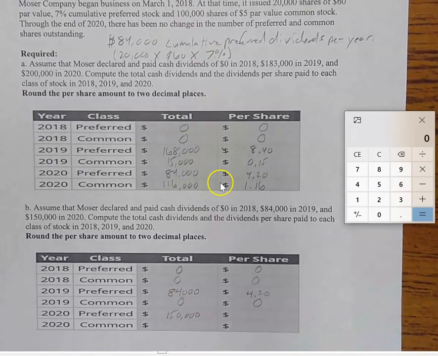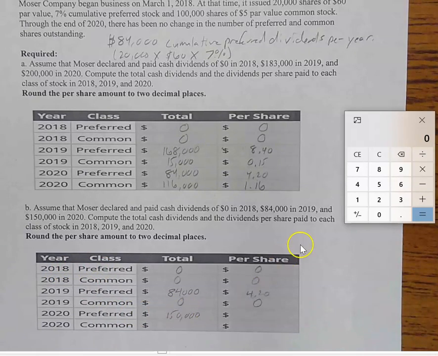But we still owe actually $18,000 to the cumulative preferred stockholders. We would have had to have paid out $168,000, or for 2 years, same as what we did right here. We would have to pay $168,000 or $84,000 a year, $84,000 for 2020 and $84,000 for 2018 to get everybody whole.